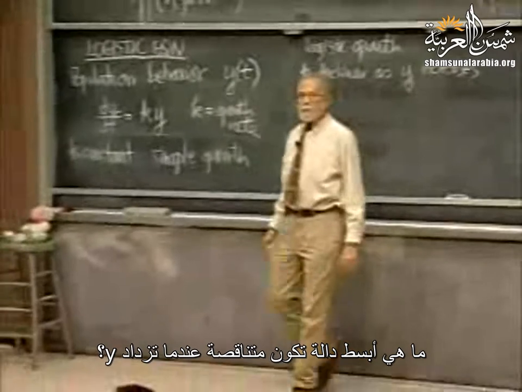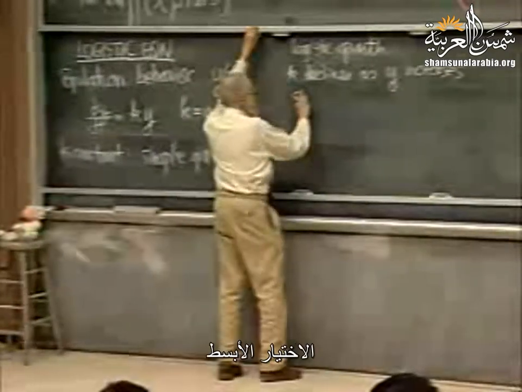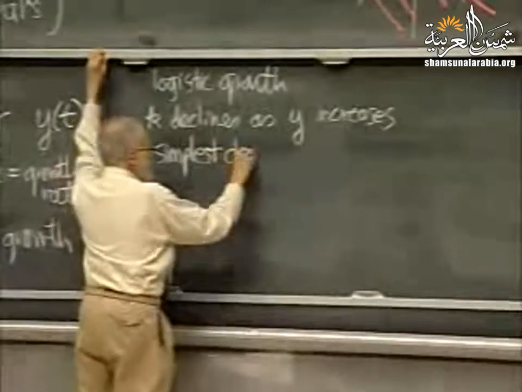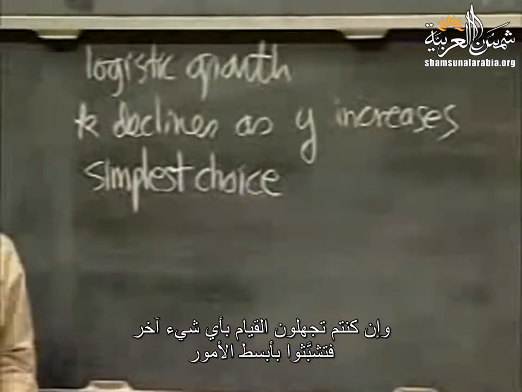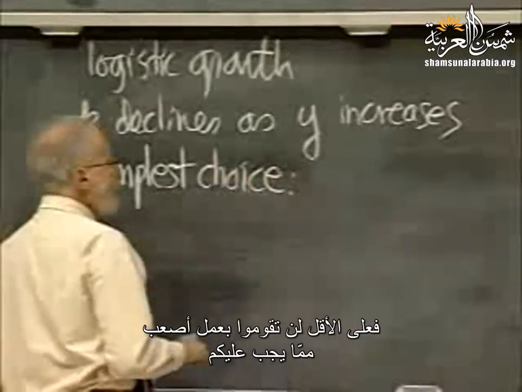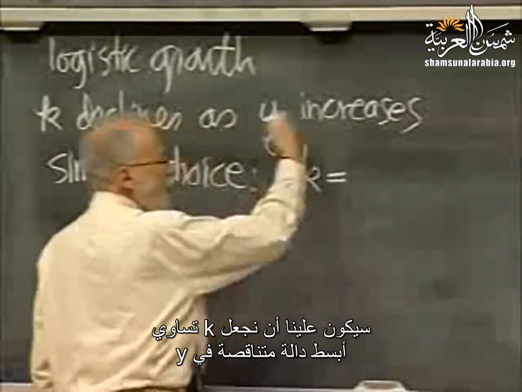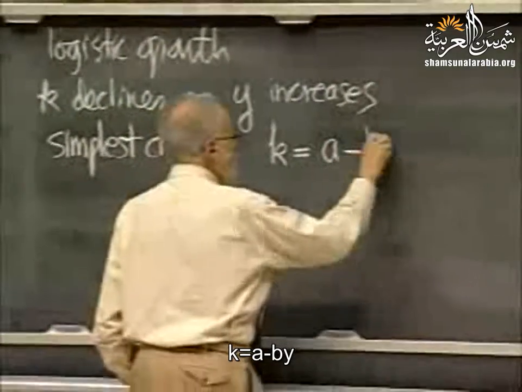What's the simplest function which declines as y increases? If you are ignorant about what else to do, stick with the simplest. At least you won't work any harder than you have to. That would be to take k equal to the simplest declining function of y there is, which is a linear function, a minus b y.